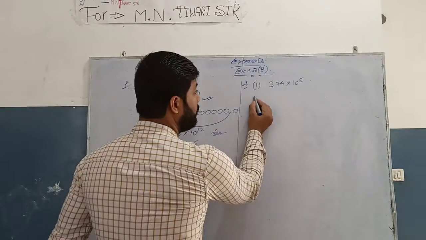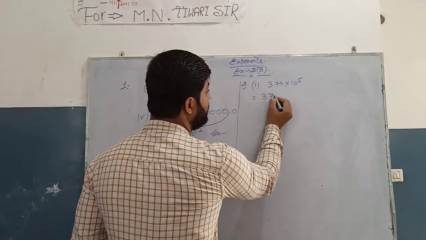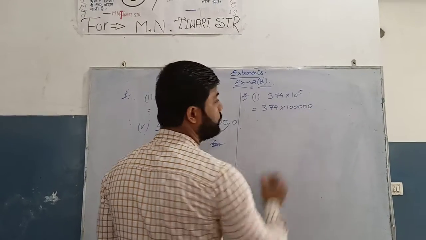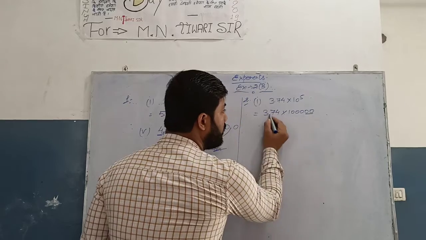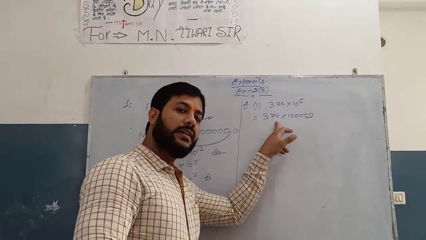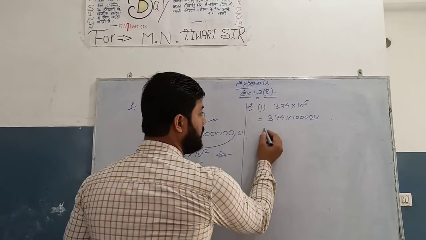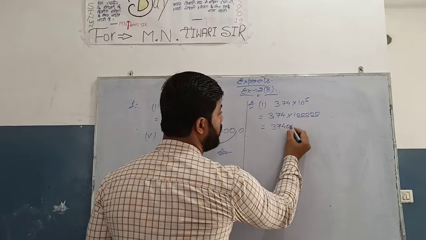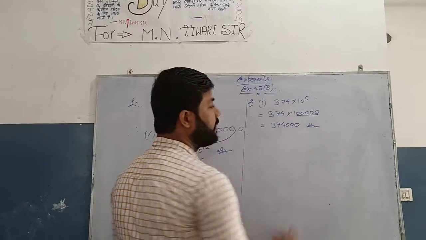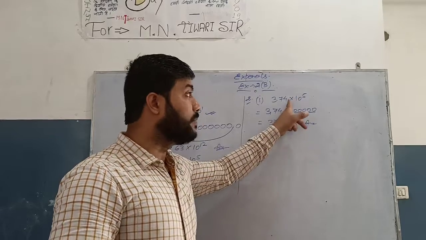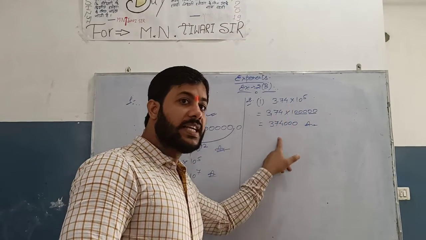Means we have to multiply 3.74 by 1 2 3 4 5. Two of the zeros will remove the decimal, and the other 3 zeros will be written with 374, so 3 zeros will be here. So 374,000 is the usual form.